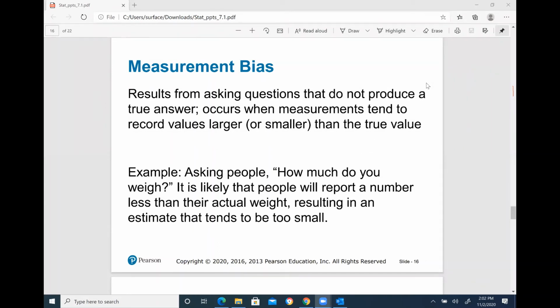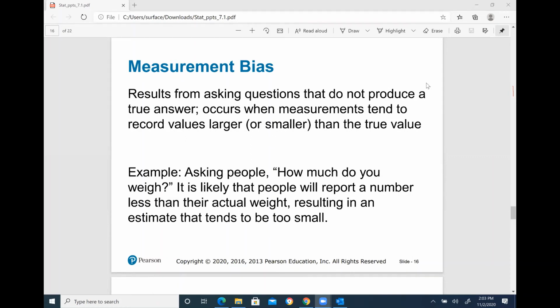Right here, they give us an example about measurement bias. It results from asking questions that do not produce true answers, because some people might lie, answering the question with a fake answer.